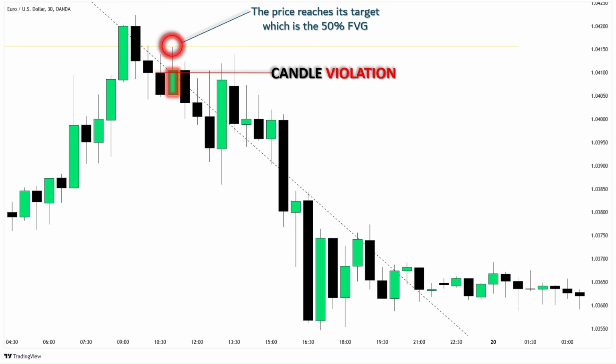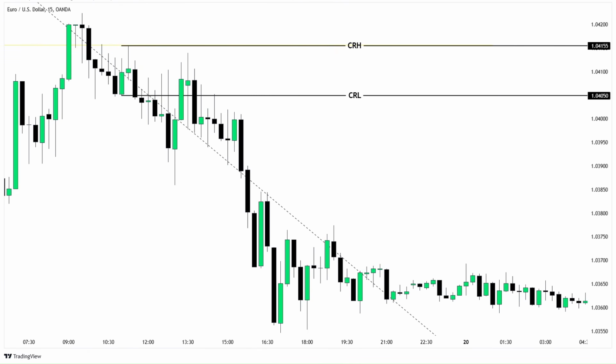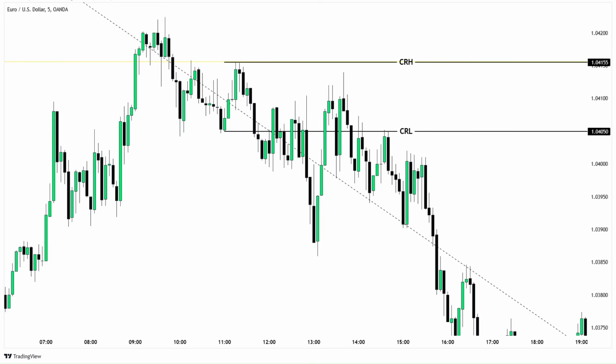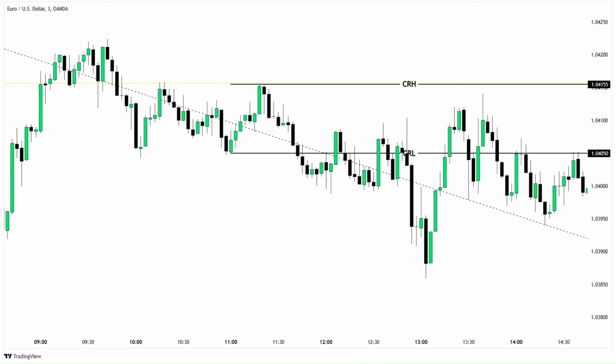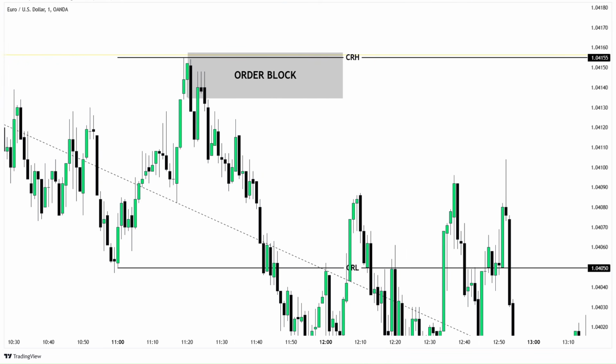To refine our approach, we can search for entry opportunities in lower time frames. On the 15-minute chart, there are no viable entries, and the same applies to the 5-minute and 3-minute charts. Finally, on the 1-minute time frame, we can identify a clear order block entry.